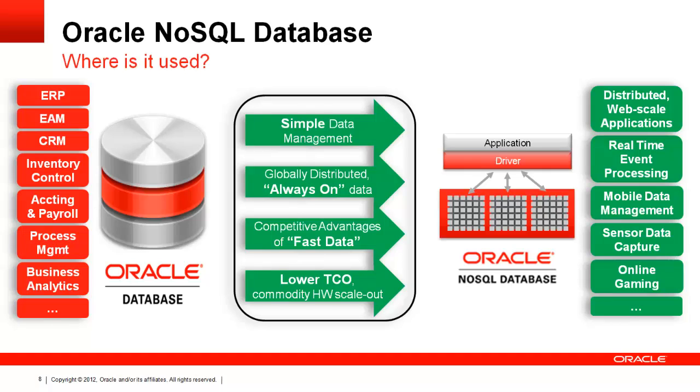The kinds of applications using that technology are distributed in nature, dealing with web-scale applications like Amazon and very large consumer bases, and real-time event processing where you've got very high speed data flow coming at you and you're trying to look up a history of events and do some correlation, or just dealing with mobile data or sensor data capture. There's a number of different places, but it's not the traditional type of application where you've seen a traditional database used in the past.